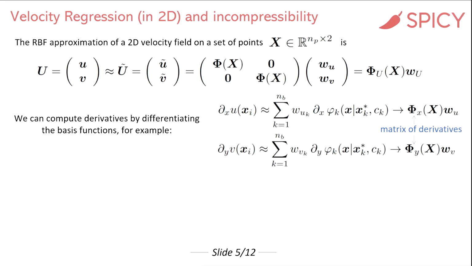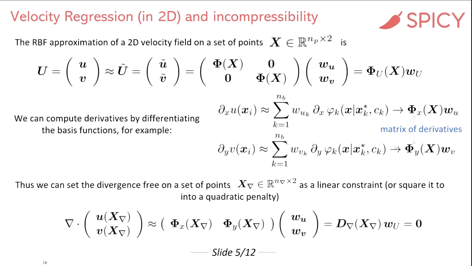Besides being very useful in the post-processing stage, this fact can also be used to impose constraints or penalties that involve derivatives. Now remember that we want linear constraints or quadratic penalties. All constraints that involve derivatives linearly are linear constraints. So for example, if you are dealing with an incompressible flow, like in the case that we will consider in this course, we know that the velocity field should have zero divergence. That's what the continuity equation tells us. The divergence is a linear operator, and therefore we can also turn it into a matrix vector multiplication.